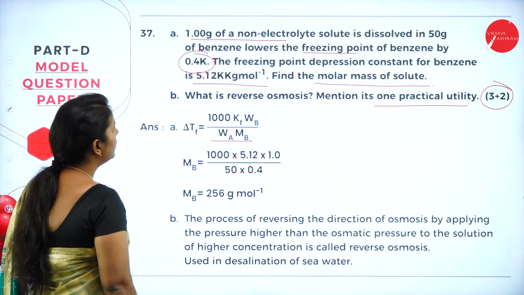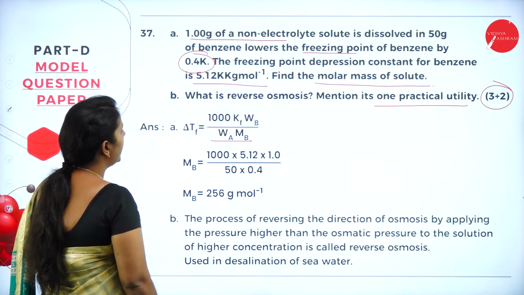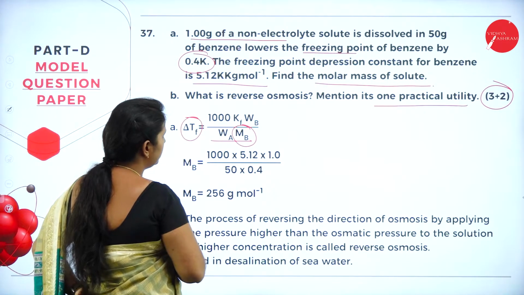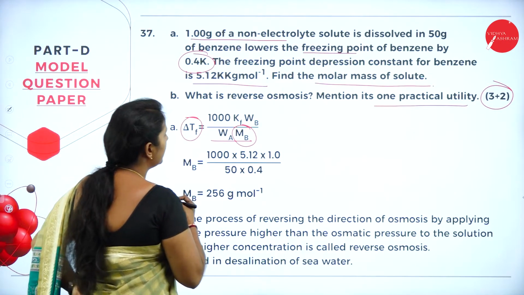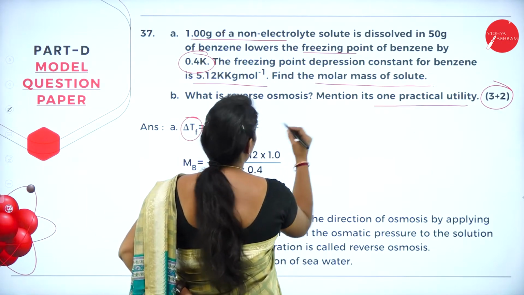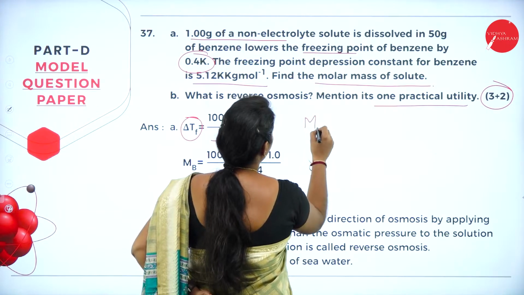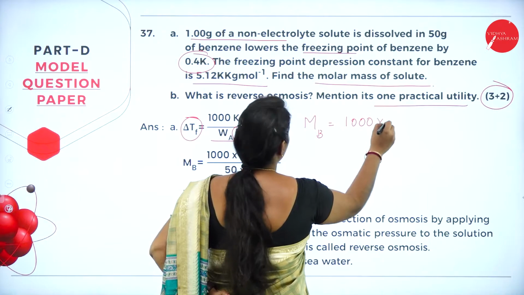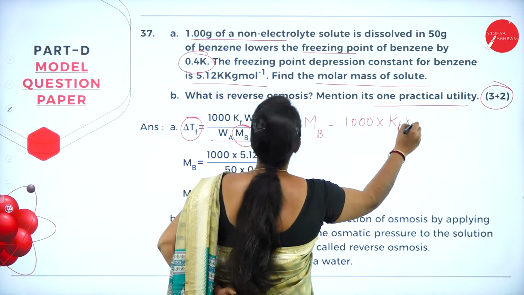If you look at the numerical, you will clearly understand that we need to calculate the molar mass of the solute.